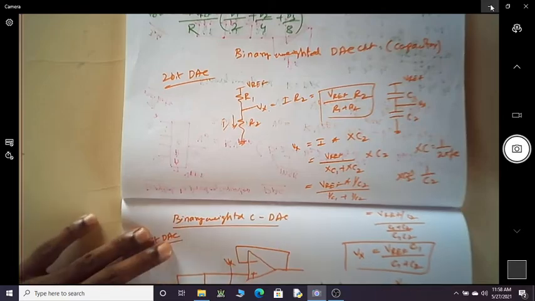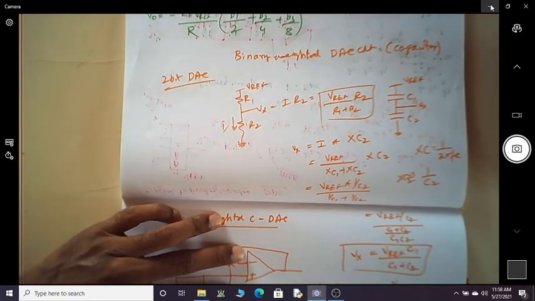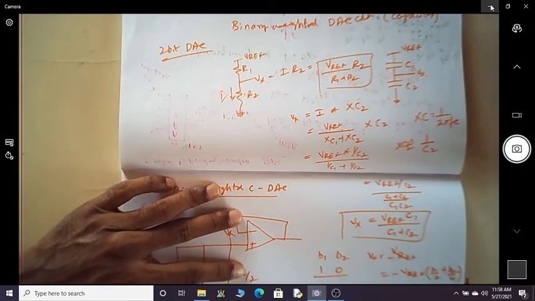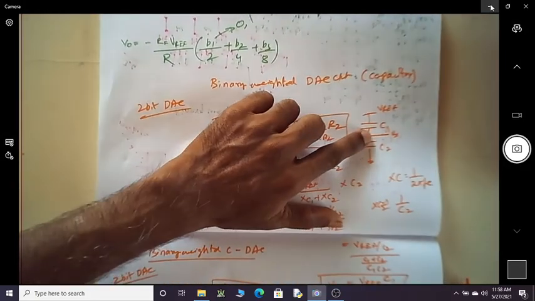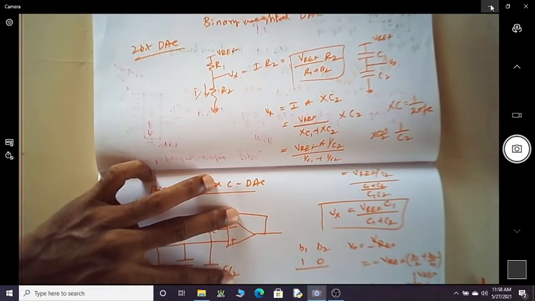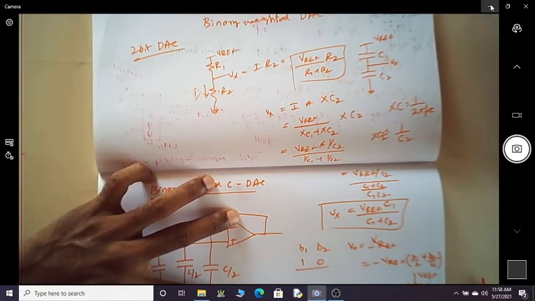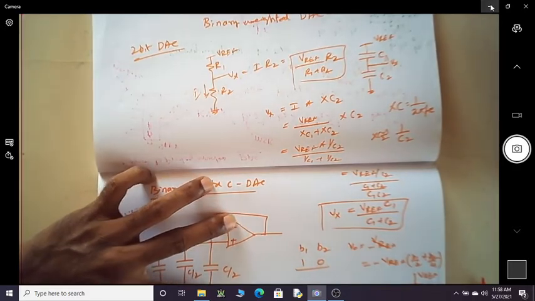For this circuit, Vx is equal to V reference multiplied by the capacitance of this, which is C1. So C1 is C by 2 divided by the sum of these, which is 2C. So this C will go off, and will it become V reference by 4?